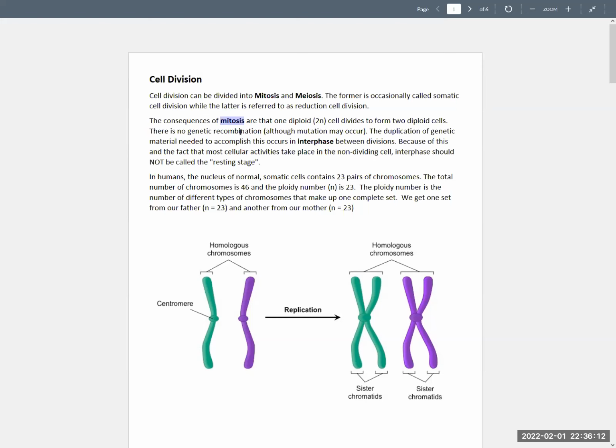The duplication of the genetic material needed to double up and then cut in half to get back to normal, if that makes sense? You're going to take one cell, divide it into 2, and each of the 2 cells, sometimes called daughter cells, are going to be just exactly like the parent cell.